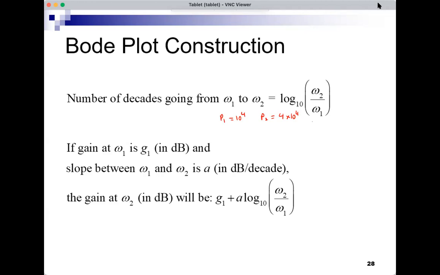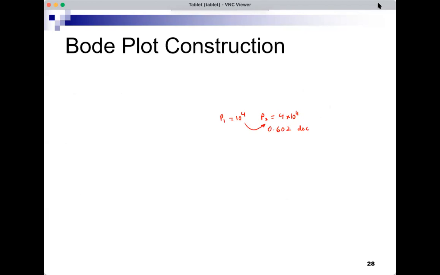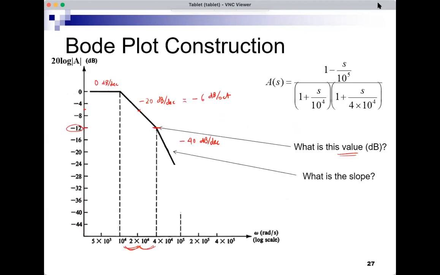So the distance between P1 and P2 is 0.602 decade. It's not a complete decade, it's not a multiple of a decade, it's a fraction of a decade. So if I go from P1 to P2, these 2 octaves, this is 0.6 of a decade.